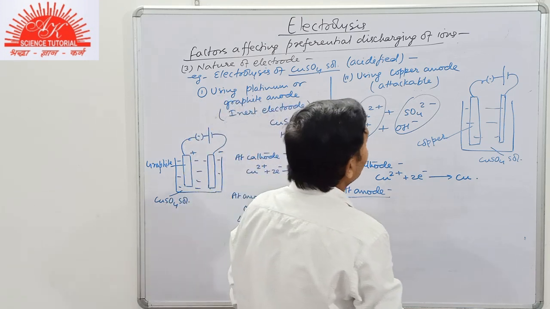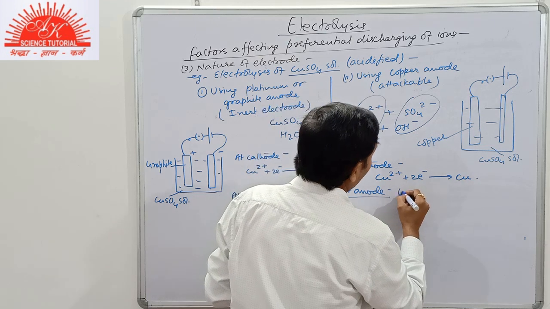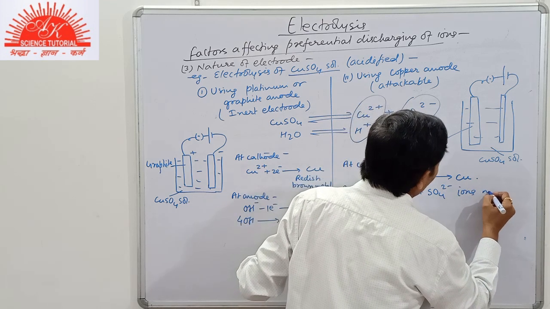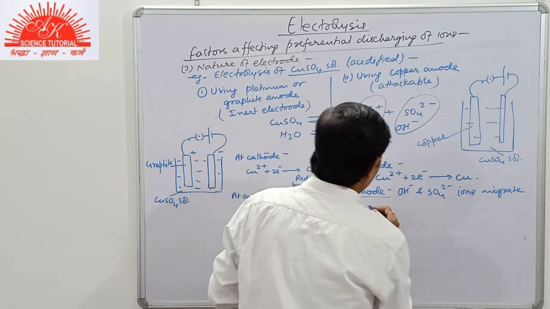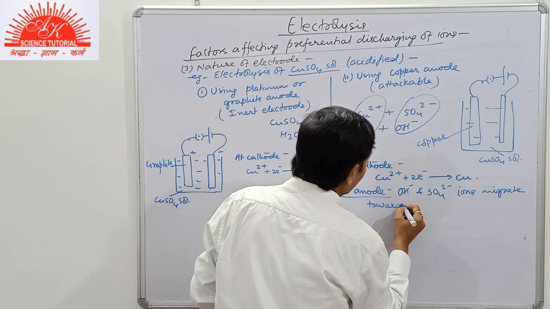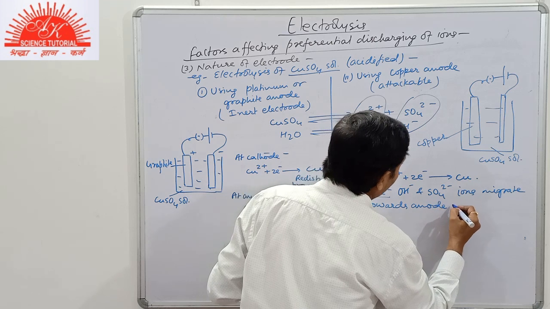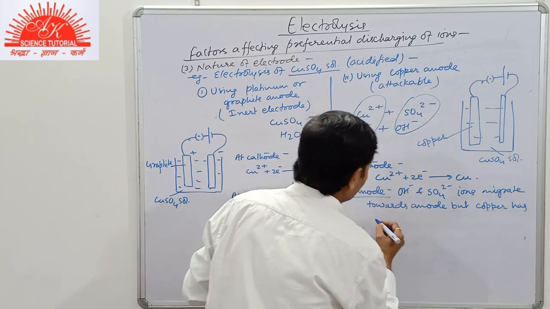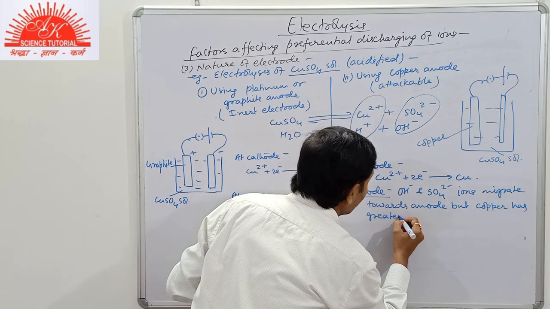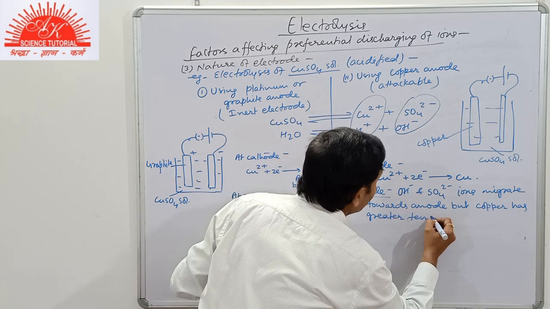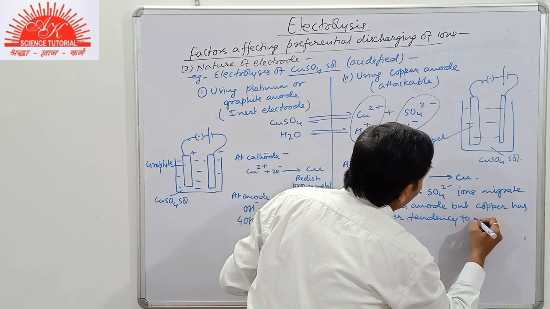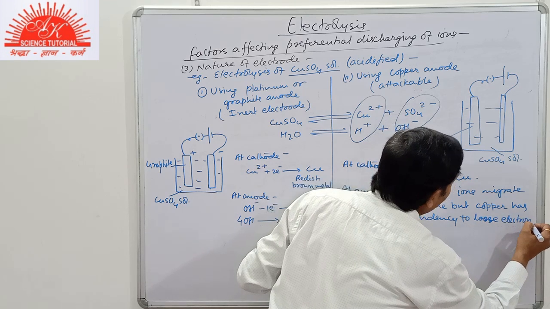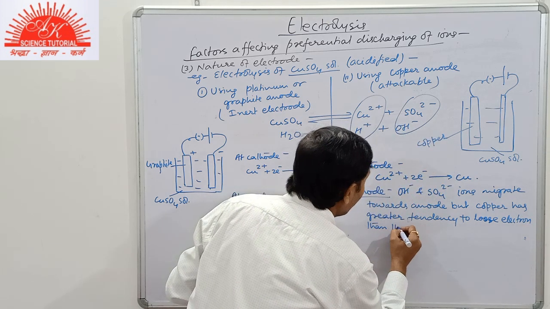So you can see here, that is OH- ion and SO4 2- ions migrate towards anode, but copper has greater tendency to lose electron than these ions.